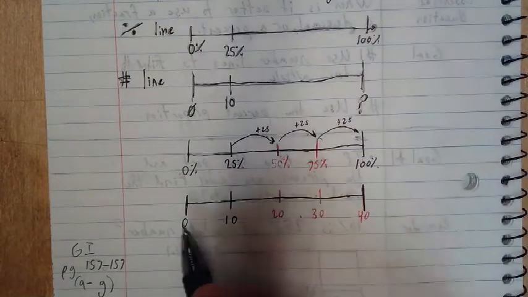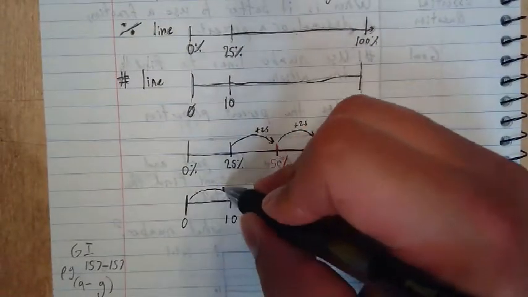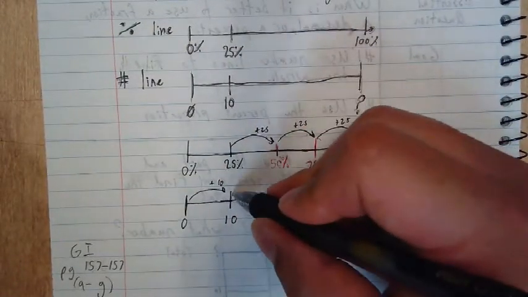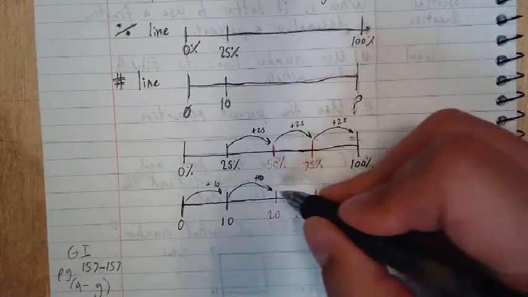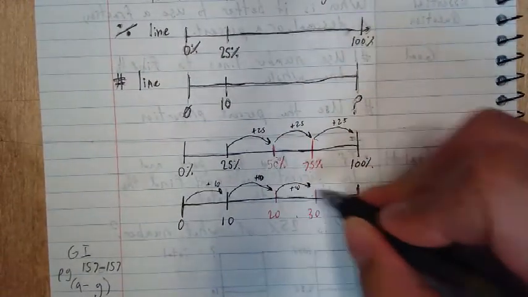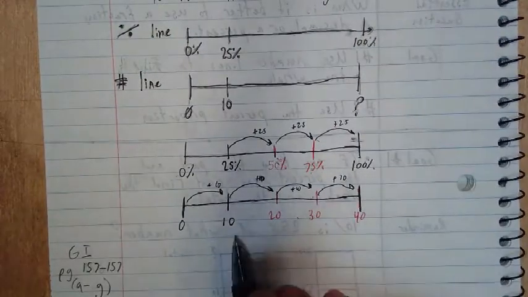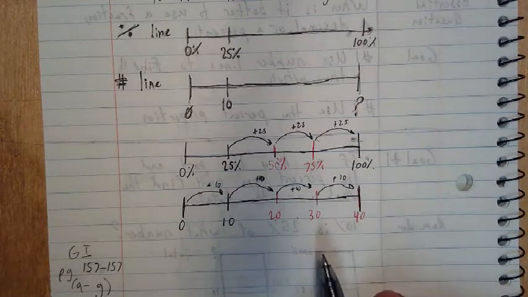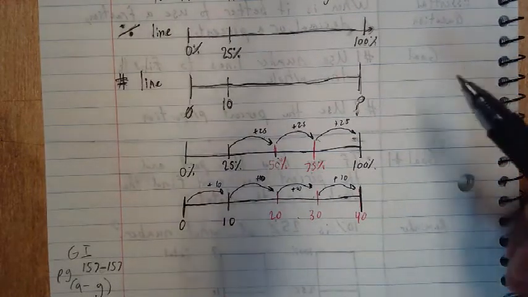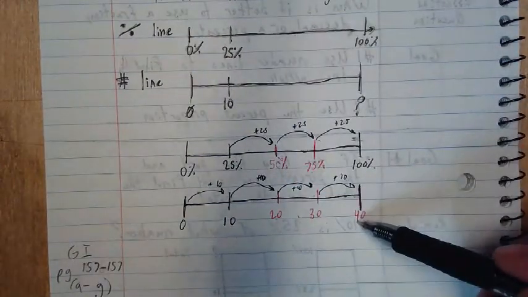Same thing. From 0 to 10, I'm adding 10. Adding 10. Adding 10. Adding 10. 10 plus 10 is 20. Plus 10 is 30. Plus 10 is 40. So 10 is 25% of 40.